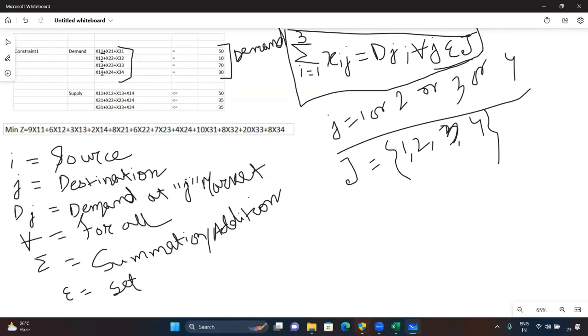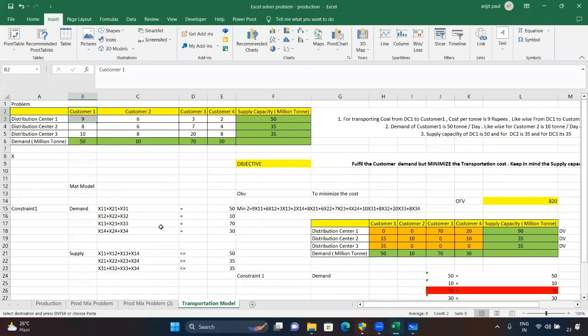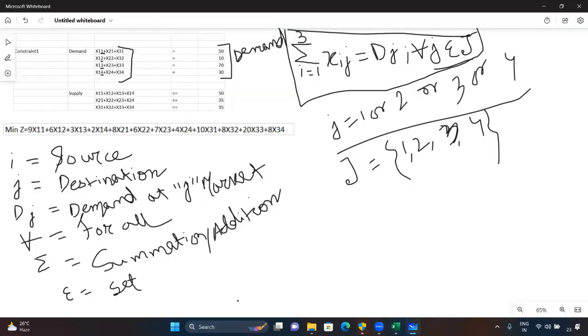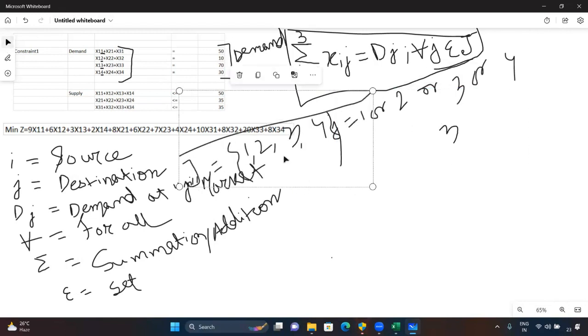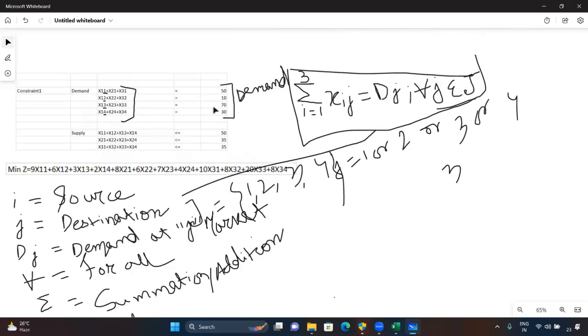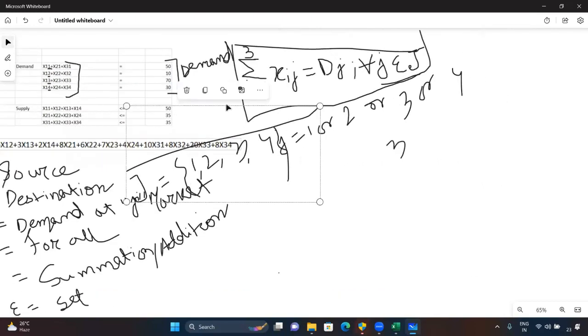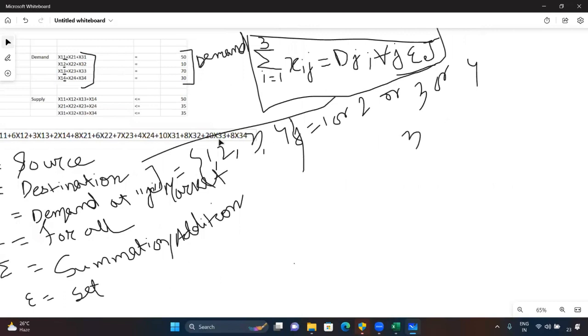Okay, so likewise, we are going to create the compact mathematical model for the supply constraint.